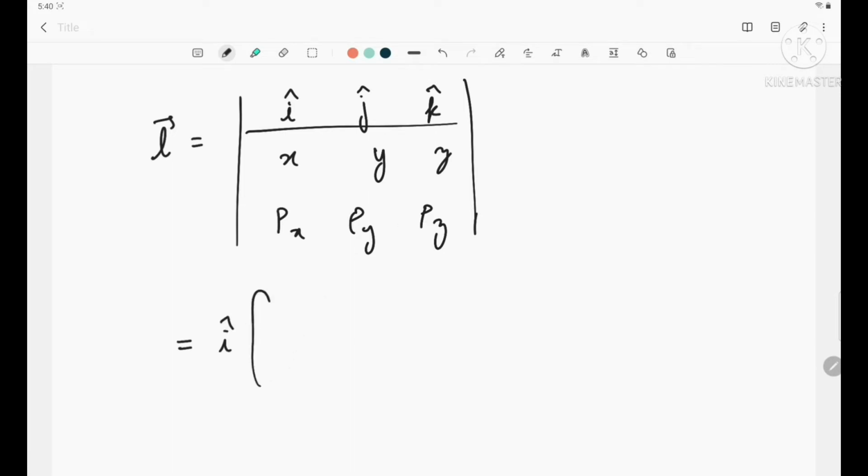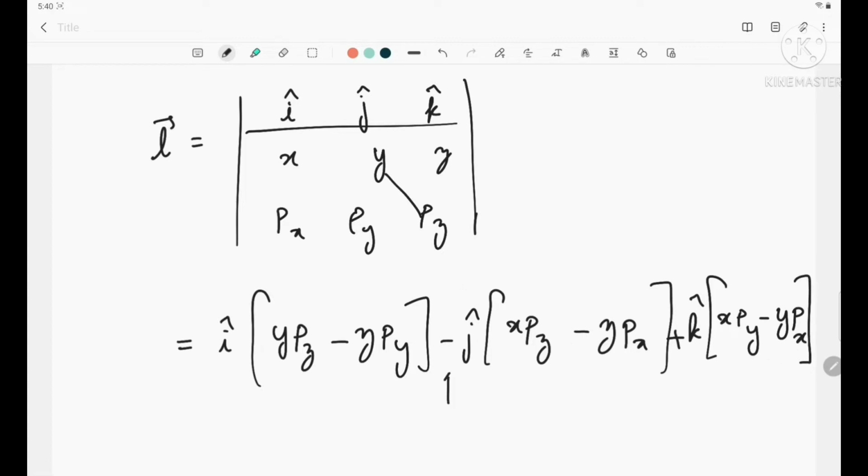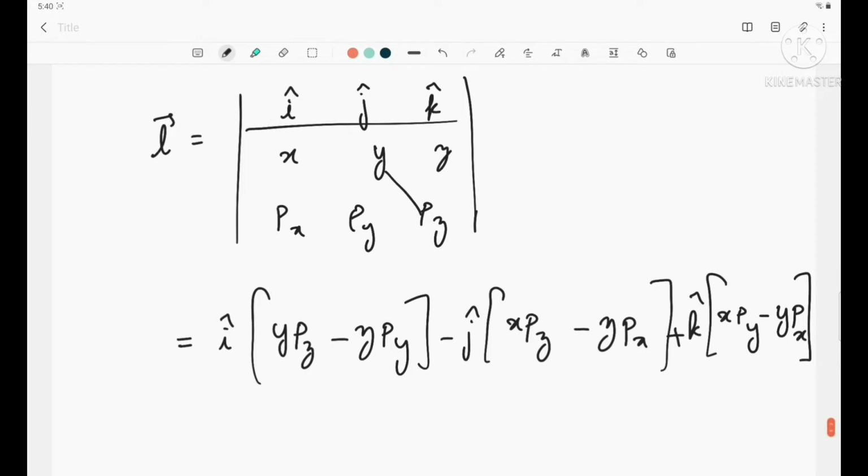So i cap into (y pz minus z py) minus j cap into (x pz minus z px) plus k cap into (x py minus y px). Okay, so you would have noted that I have taken a minus sign for j. That is because the position of that particular element in the determinant will be negative. So that is the place value of the determinant in that position.